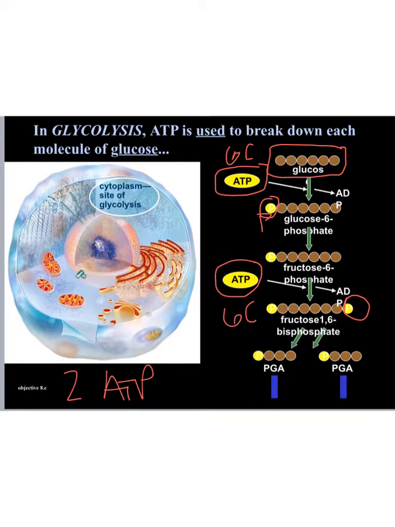And then in this last step, we do something kind of interesting. We split that molecule in half, right down the midline here. So we take that 6 carbon molecule and we now have 2 3 carbon molecules.